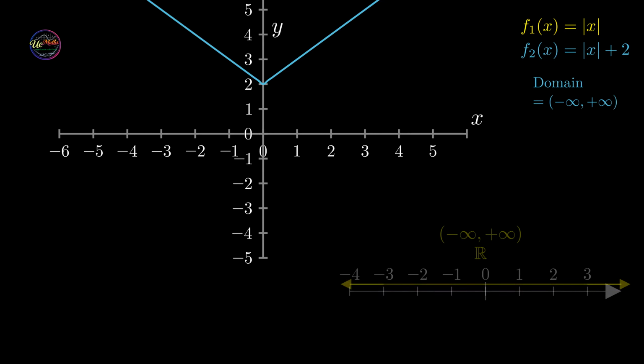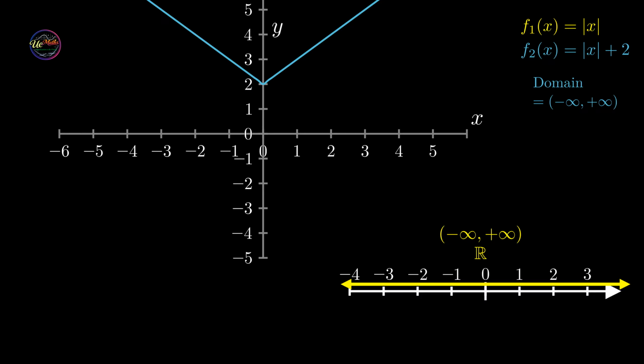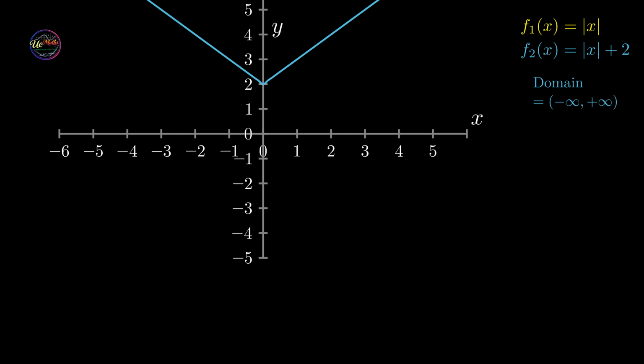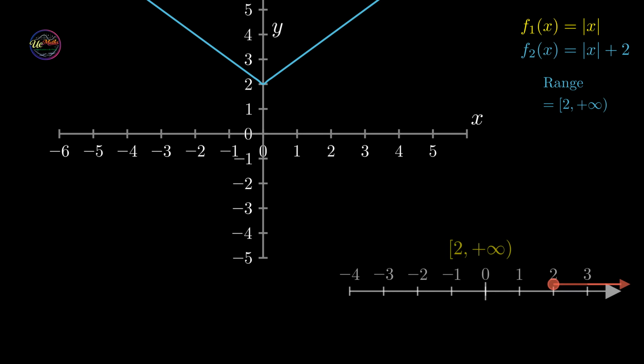Therefore, the domain of the blue curve is still all real numbers. So the range is the closed interval from 2 to positive infinity.